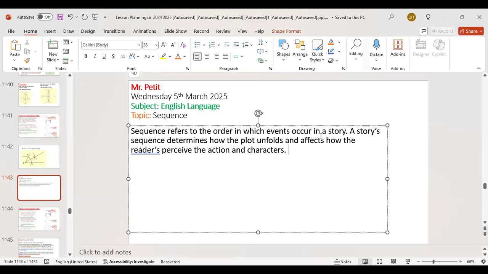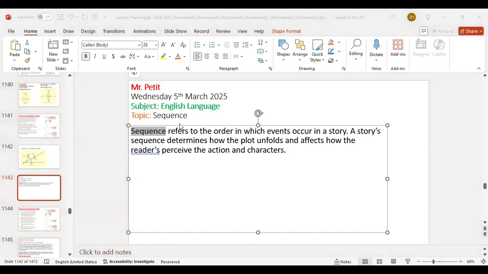This is very important. So the sequence tells us the order in which a story unfolds or unravels in front of our eyes. So sequence refers to the order in which events occur in the story. Now, I like this part because it says that the sequence is very important.